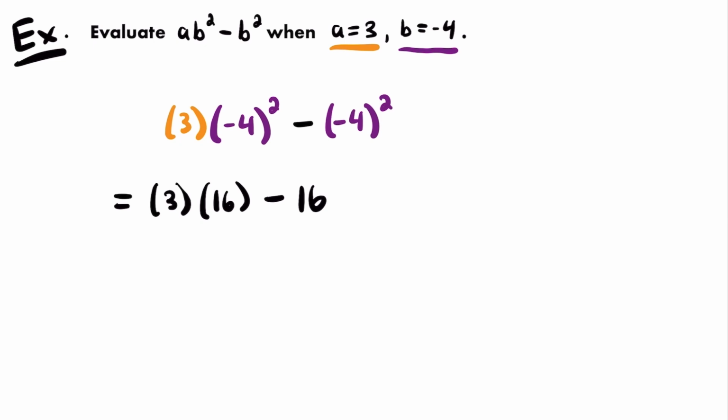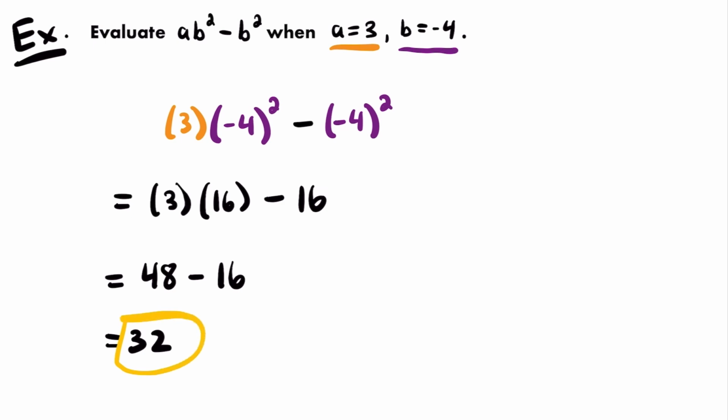And then to finish off our answer here, we need to multiply 3 by 16, and then we'll subtract 16. All right, you want to do the multiplication first, and then the subtraction. And 3 times 16, that's equal to 48. So this is equal to 48 minus 16, and 48 minus 16 is 32.